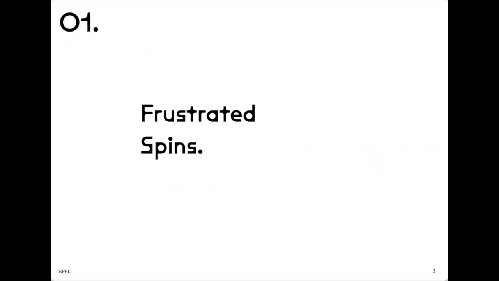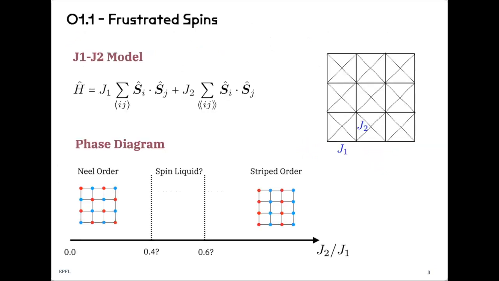One of the ground state problems we've been studying a lot, especially because it is an interesting benchmark for many new solvers of ground state problems, is what we call frustrated spins. These are the hardest easy problem you can think of in quantum condensed matter, if you want.